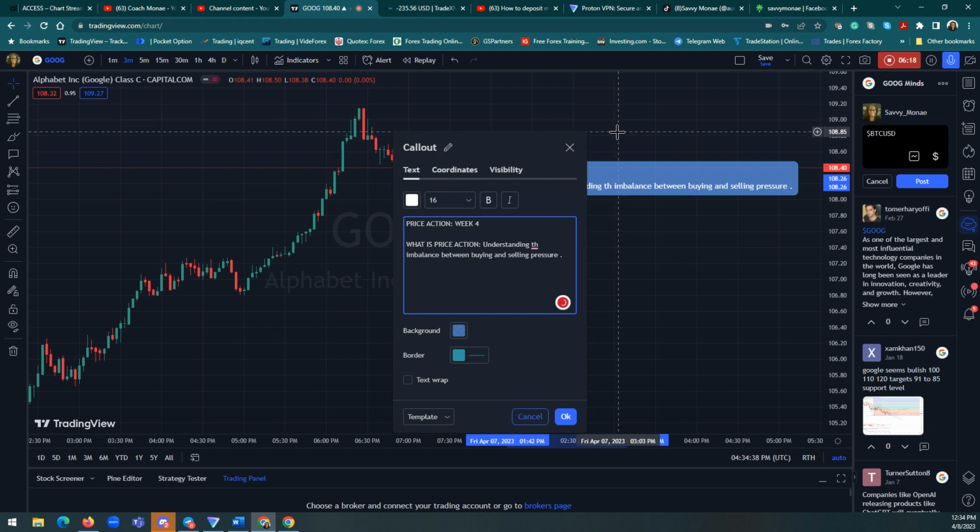Okay. That's what I'm going to say price action is. Price action is understanding the imbalance between buying and selling pressure within a financial market.